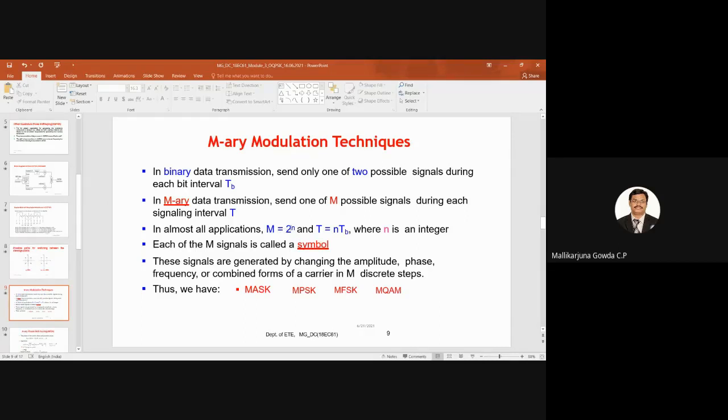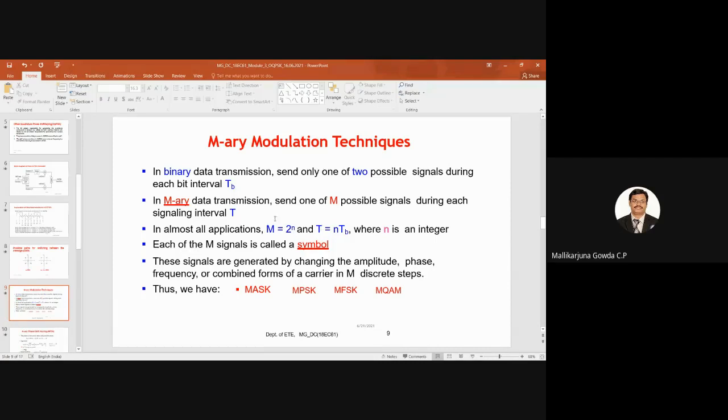M is equal to 2 power 2, that is 4, right? So 4 possible signals, that is 00, 01, 10 and 11. Similarly, if n is 3, then 3 bits, from 3 zeros to 3 ones you can write. Hope you're understanding what I'm saying.